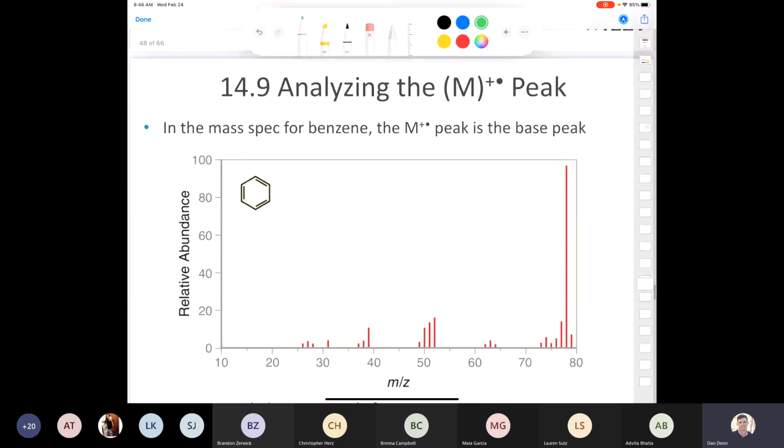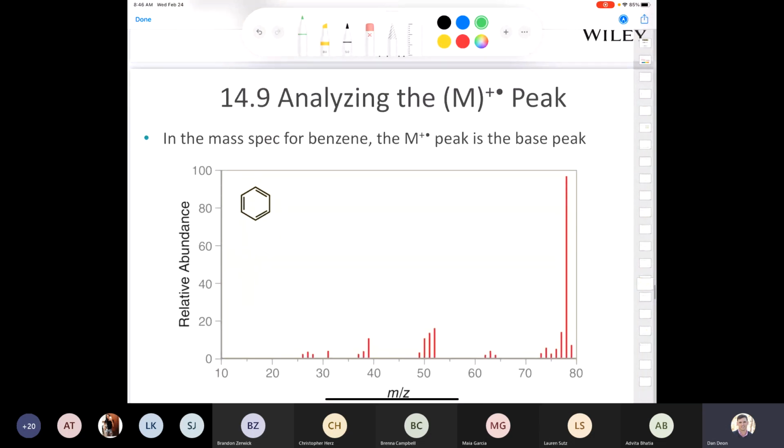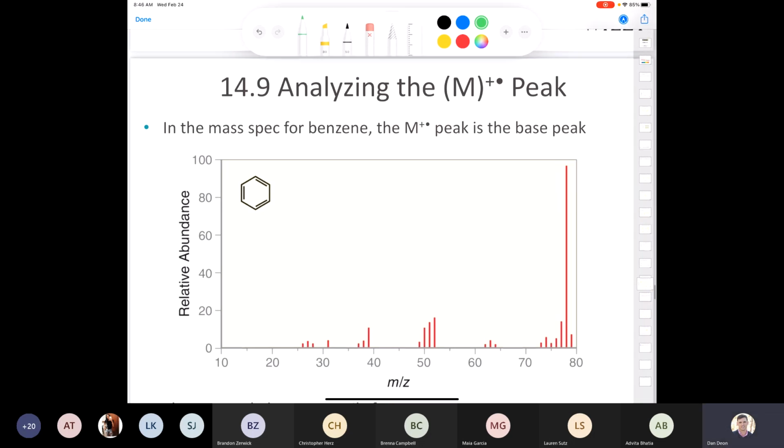Okay, so let's switch gears here and talk a little bit more about that molecular ion. If you look at benzene, what's the formula of benzene? It's C6H6. So if we tally that up, it's going to be 12 times 6, which equals 72.